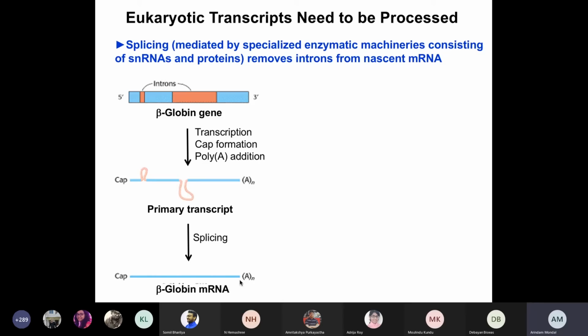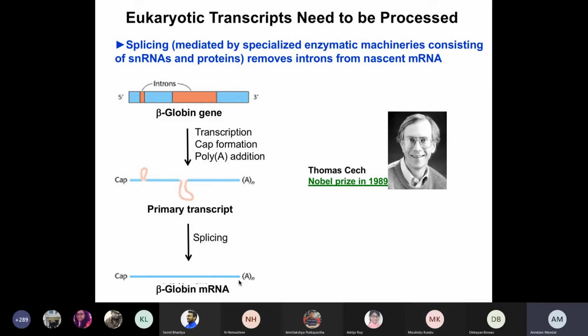Now, you may have a question: why are there introns included in the genome? As I was saying, there are a large number of regions which never get translated into proteins. Introns are one of those. You will only find introns in the higher eukaryotes.